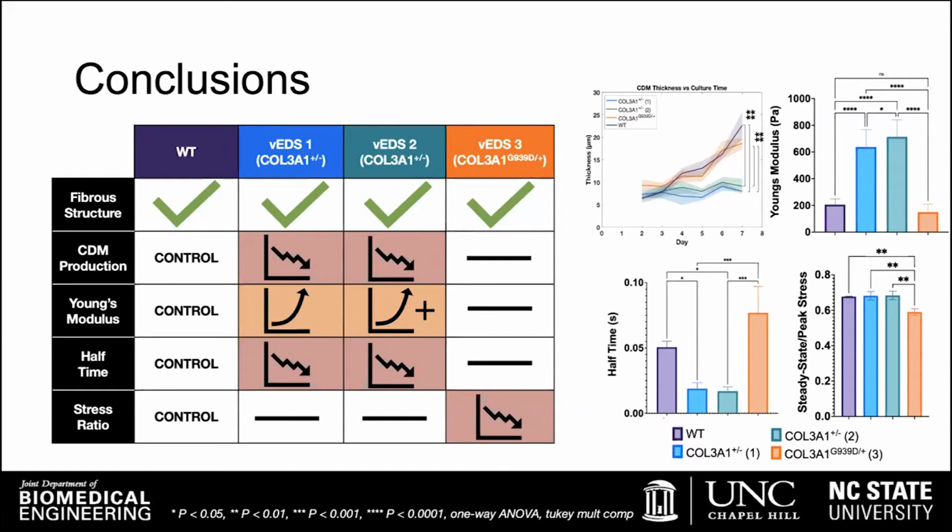Yes, I am ramping up to look at the content of these matrices overall. I've talked with one of our cores on campus about doing proteomics on our matrices to look at the content overall and see if there are changes. We have looked at overall glycosaminoglycan content, and we've seen that it was increased in all of the VEDS cases.